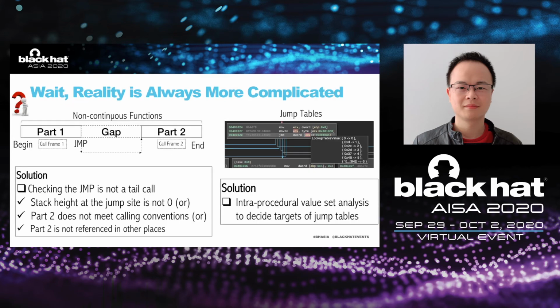Probably not. The reality is always more complicated. We found that even with call frames, we still have to overcome many challenges for the sake of correctness. Here, I will explain two of the major problems and how we handle them. The first problem is related to non-continuous functions. To be specific, for the goals of optimization, compilers can often split a function into non-continuous parts in a binary file.